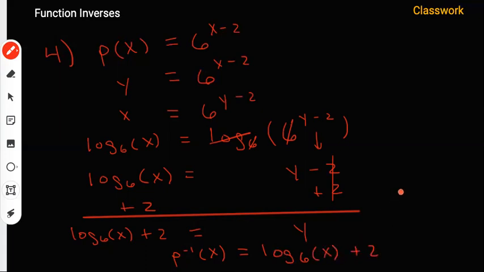Okay, so that's the inverse function. Now what I'm going to do is verify that they are inverses of each other. I'm going to do that by composition. So let's take a look on the next slide.